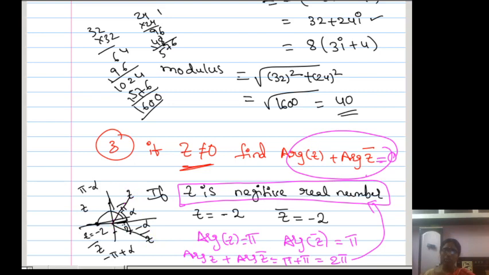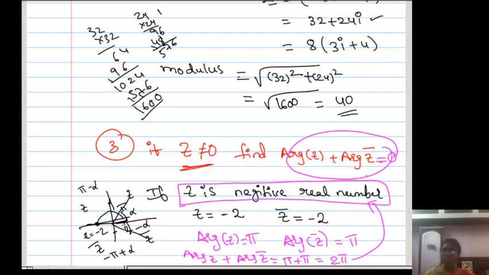The first quadrant argument is alpha, the fourth is minus alpha, so alpha minus alpha is 0. Similarly, if z lies in the second quadrant, 180 minus alpha is the argument, and z bar definitely lies in the third quadrant, because the y value is changed, conjugate means. The principal argument there is minus pi plus alpha. Adding these two, you are getting 0 again.